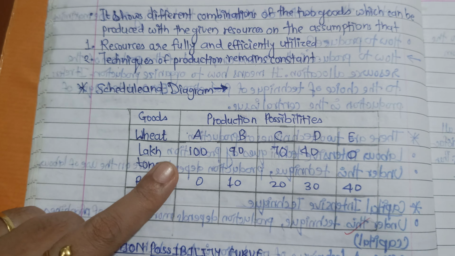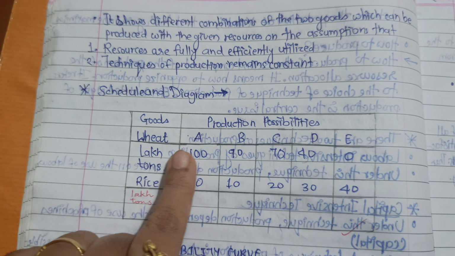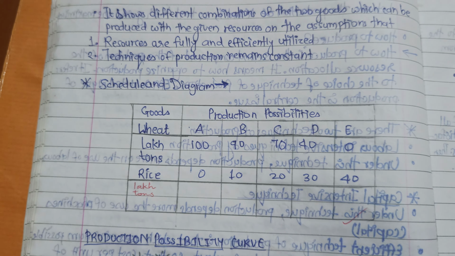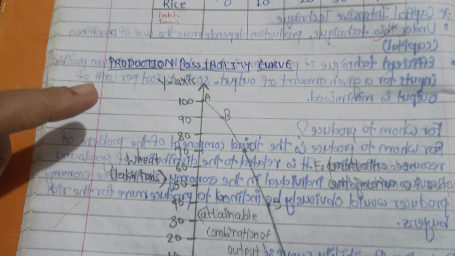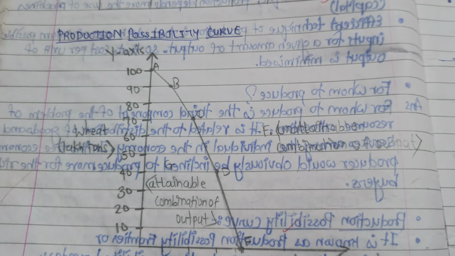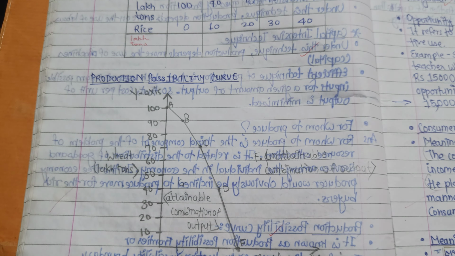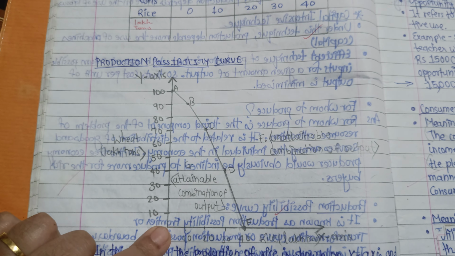Then you have to give this schedule. Study this schedule properly. Coming back to your diagram, which we have studied earlier, the production possibility curve looks like this.